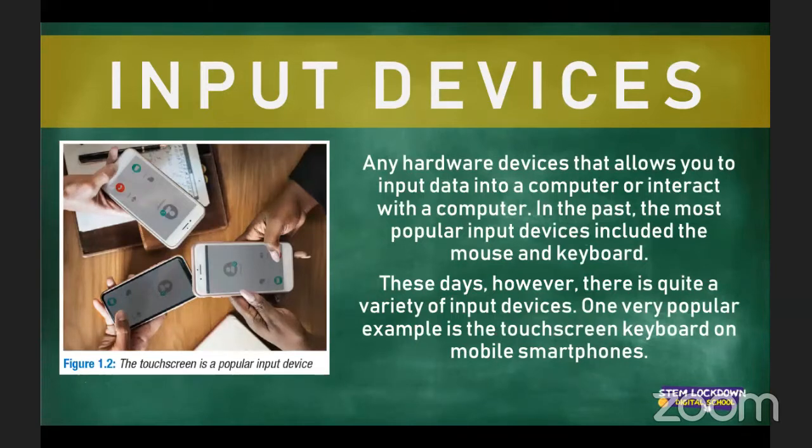So mostly we would always refer to our mouse or keyboard, but nowadays more popular would be the actual touchscreen keyboard on our smartphones. But this is just something that I need to bring your attention to. When we ask for the actual device, can you see that we physically say the touch screen keyboard?